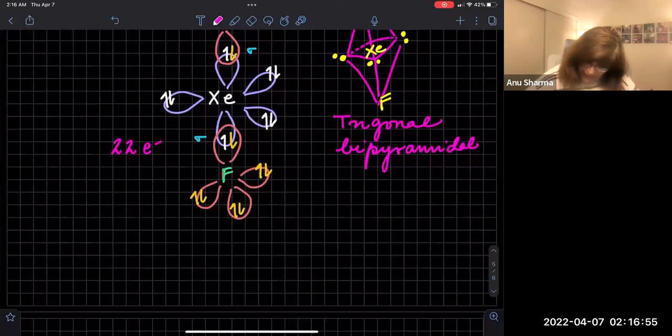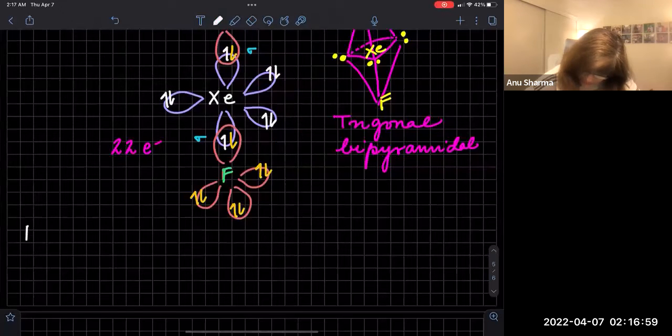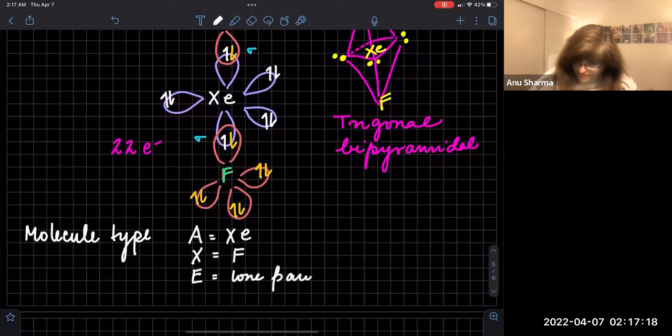So now I just want to do the molecule type. So A is xenon, X is fluorine, and E is the lone pairs on the central atom. Shape is always with respect to the central atom.